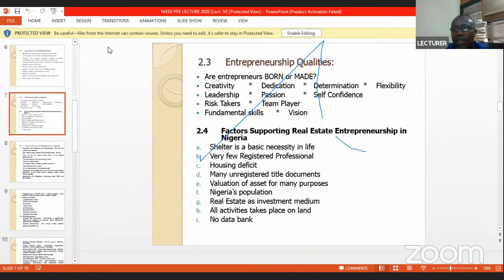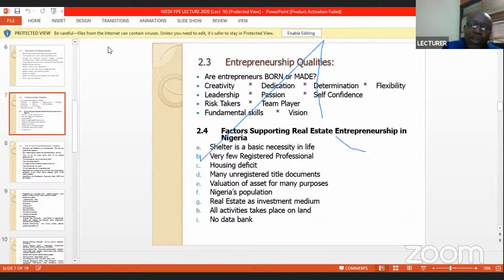Those documents include the lease, indenture, building lease, and all those documents that used to exist before 29th March 1978. From 29th March 1978, the certificate of occupancy came into being.